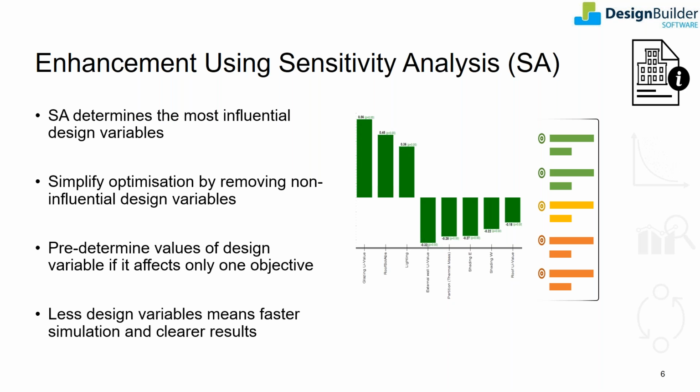Therefore, with a focus on only important variables, the optimization results are cleaner, quicker, and easily understandable. Another advantage of using sensitivity analysis is that it helps you to understand any trends associated with the design variables and makes it easier to see these in the optimization results.